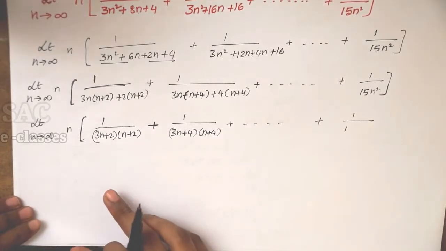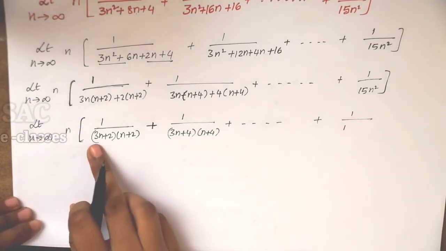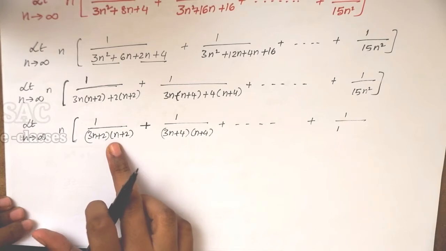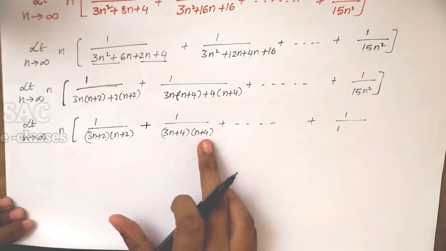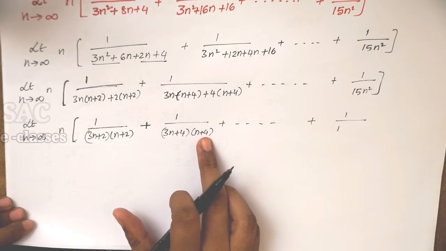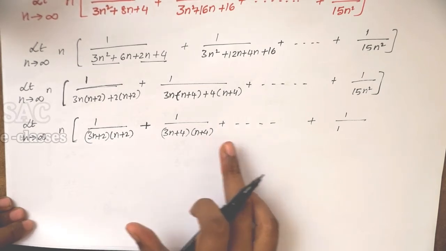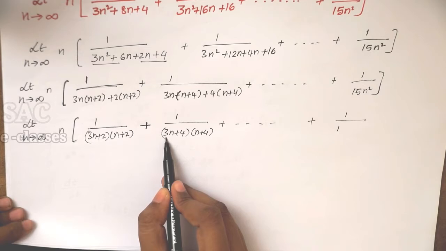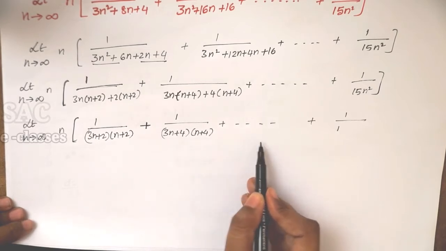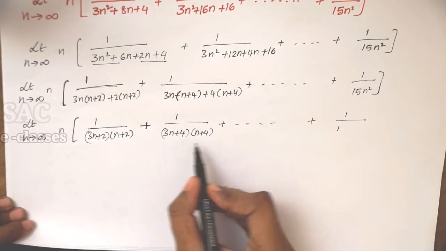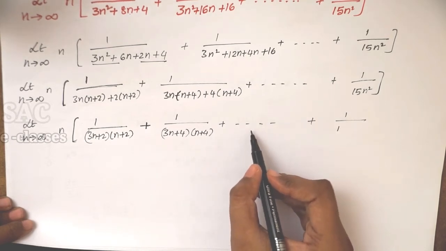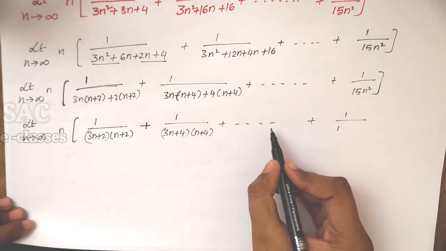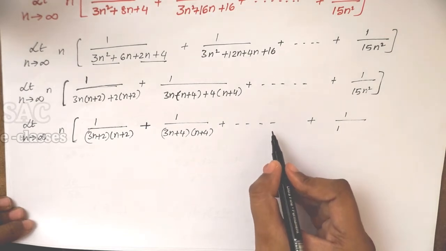The first one is changed as 3n plus 2 and n plus 2. The next factors are 3n plus 4 and n plus 4. Can you guess what will be next? Yes, 3n is common, and they are giving even integral values. So the next one is 3n plus 6 into n plus 6.